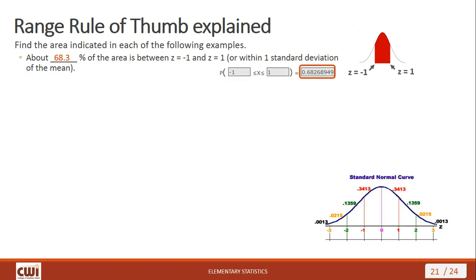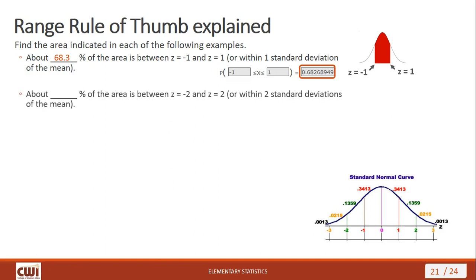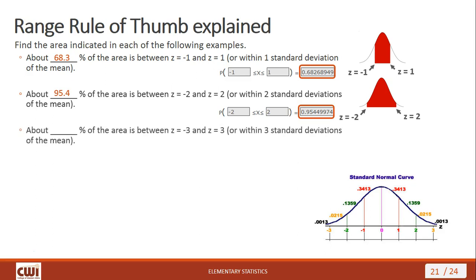Now, what if we looked not within one standard deviation, but within two standard deviations of the mean? What percentage of the area do we now have underneath the curve? Here you can just change the ones to twos, and that gives us a total area of about 95.4%. Finally, what if we wanted to do three standard deviations?